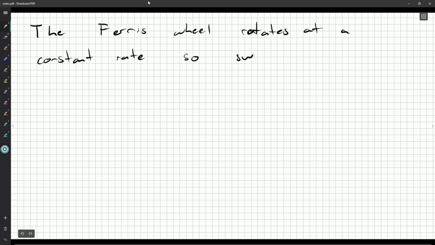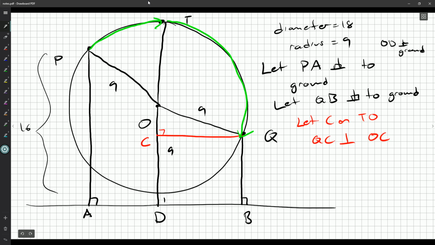So it sweeps equal angles in equal time. And so if we give this angle a name like theta, we can see that halfway here is going to be another theta, and then this is going to be 2 theta.